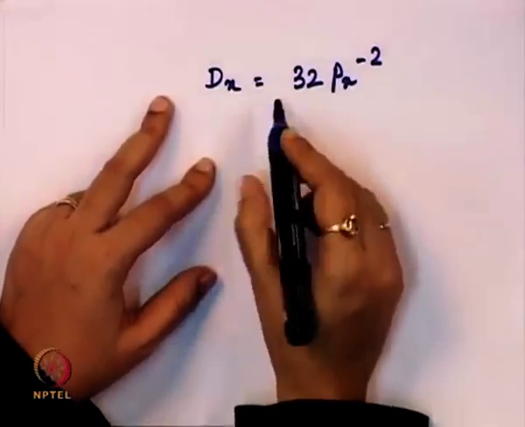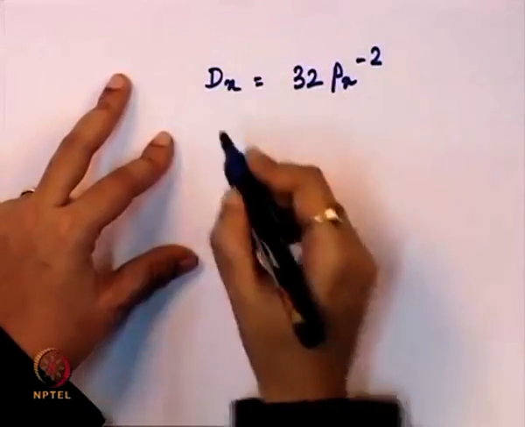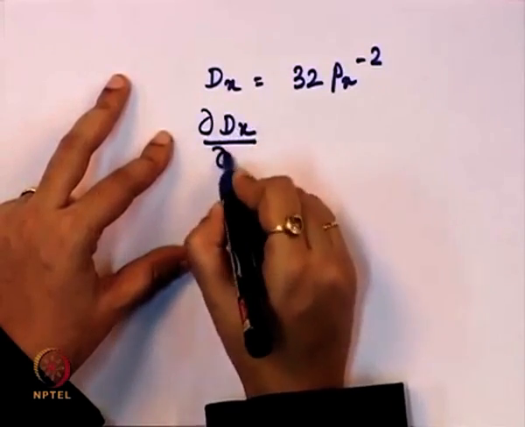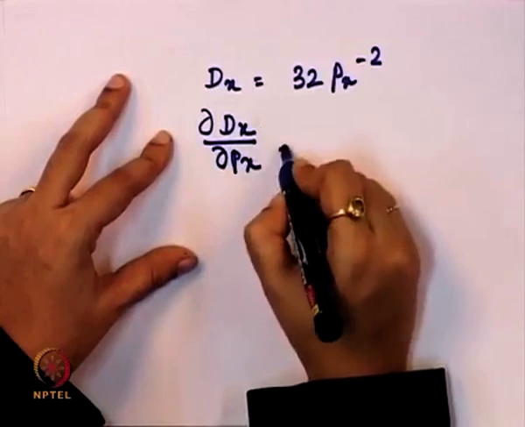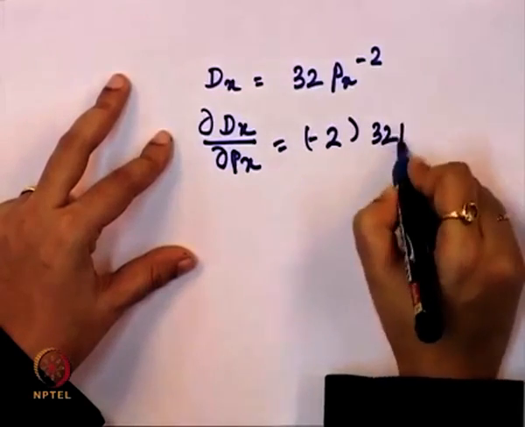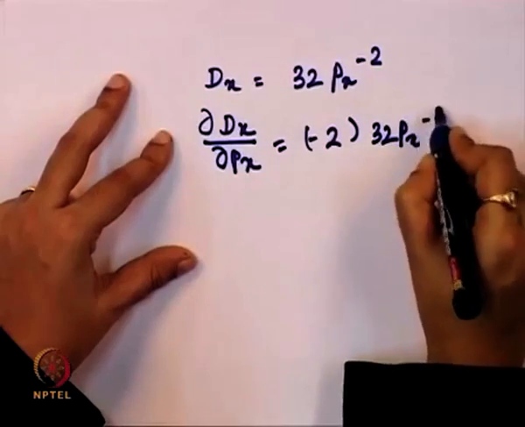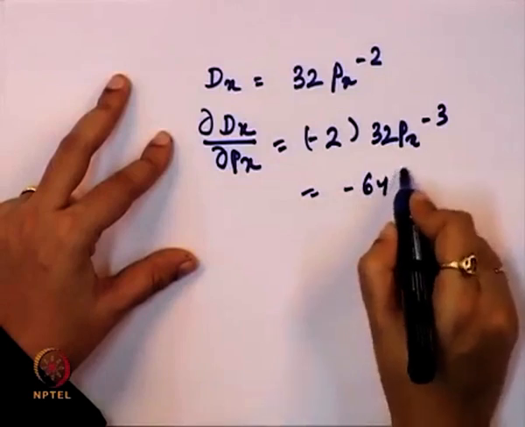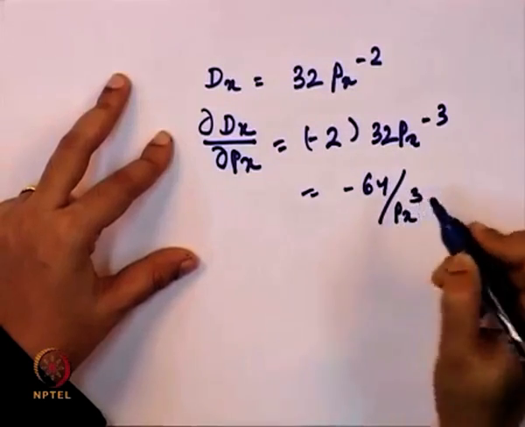So, taking the first order derivative, it becomes del dx with respect to del px, and this comes to minus 2 times 32 px to the power minus 3. So, this comes to minus 64 by px cube.